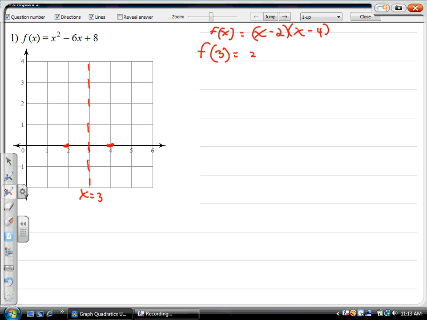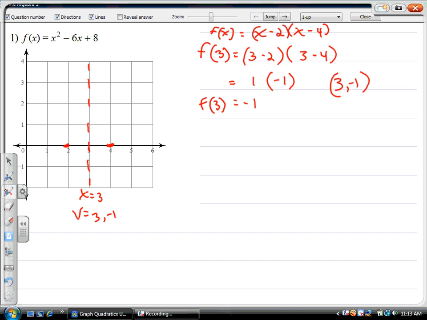So we would have 3 minus 2 times 3 minus 4, which would be 1 times negative 1. In this case, f of 3 is negative 1. So we just found the point for our vertex, which is (3, negative 1).